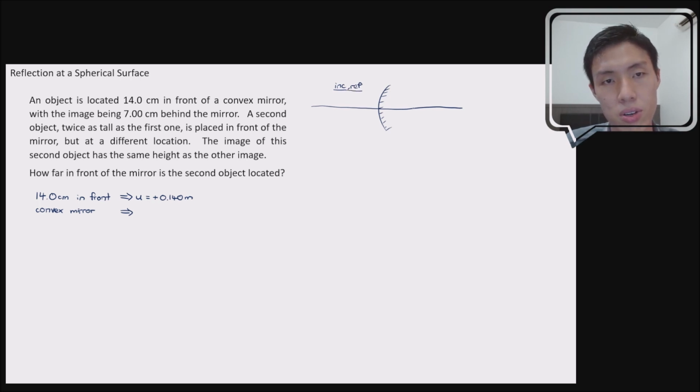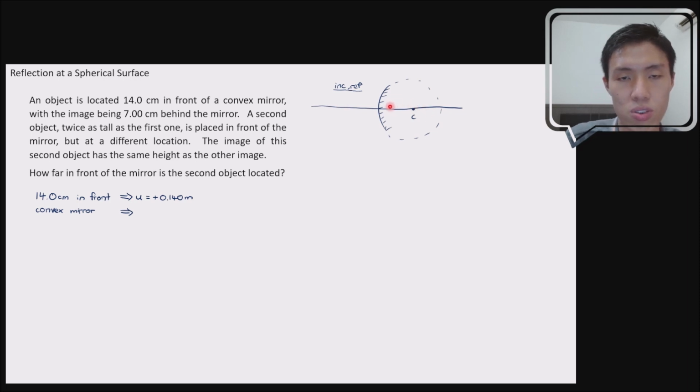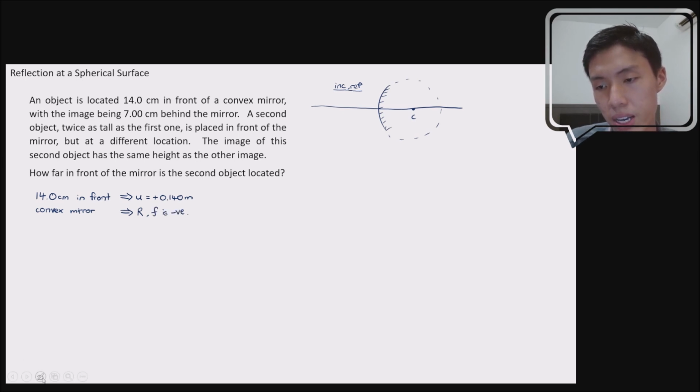But our center of curvature is somewhere around here in order to form a circle, so your center is on the right-hand side of the vertex, while your reflected ray is on the left-hand side. They are on opposite sides, so you should expect that R is negative and f will be negative as well. Both of these will be negative.